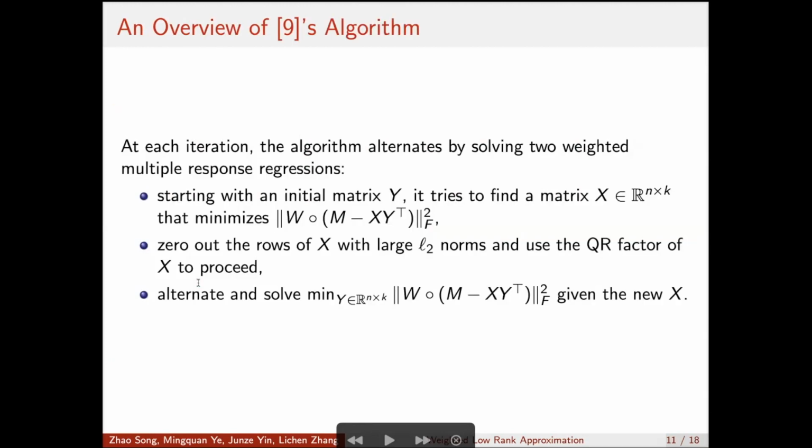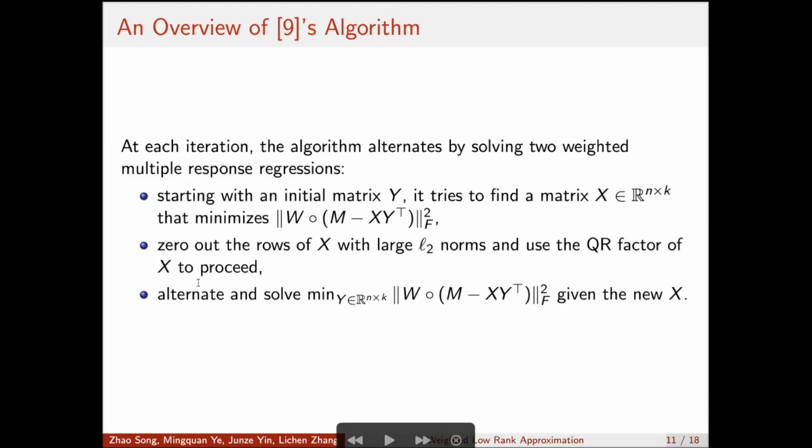Next, I'm going to introduce how we improve from the previous work. In previous work, at each iteration, the algorithm alternates by solving two weighted multiple response regressions. Starting with an initial matrix Y, it tries to find a matrix X, which is an n by K matrix, that minimizes the Frobenius norm of W circle with M minus XY transpose.